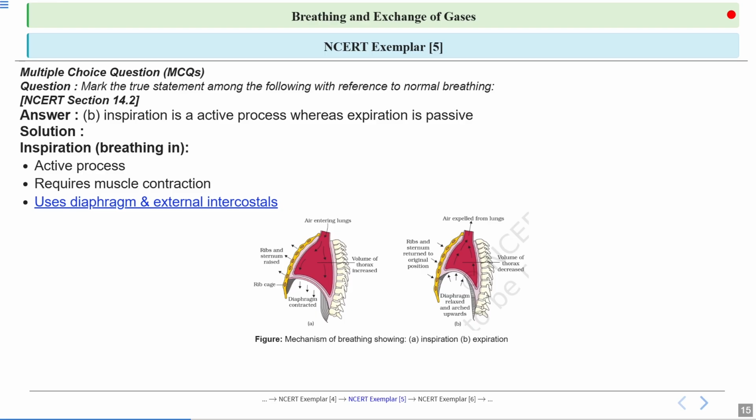Not all, there are some false or floating ribs that are not attached. So the arrow shows upward and outward movement, whereas the diaphragm is moving downward, making the volume of the thorax increase. So this is an active process, right?